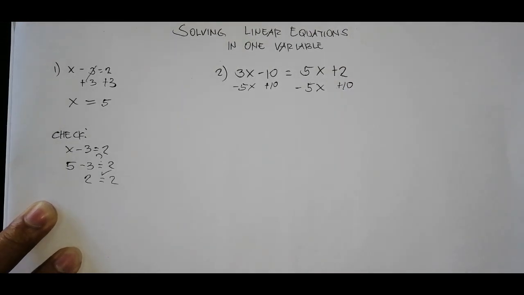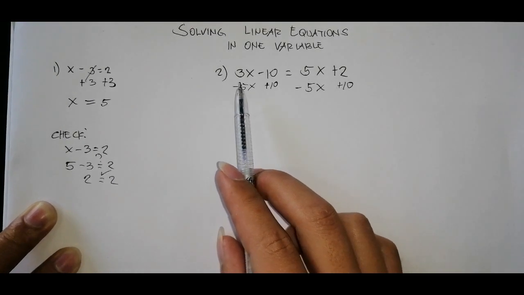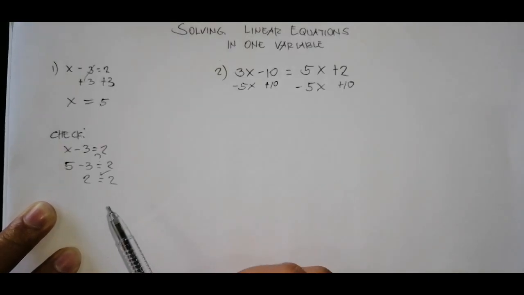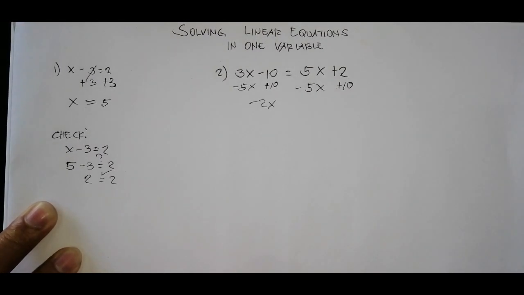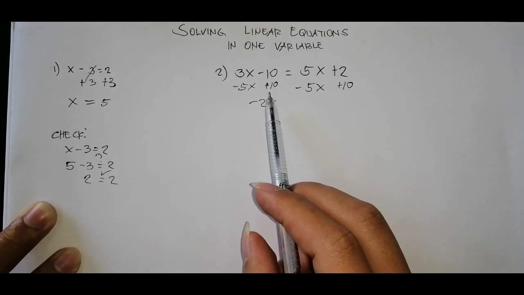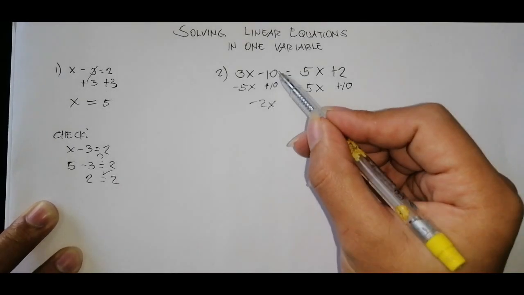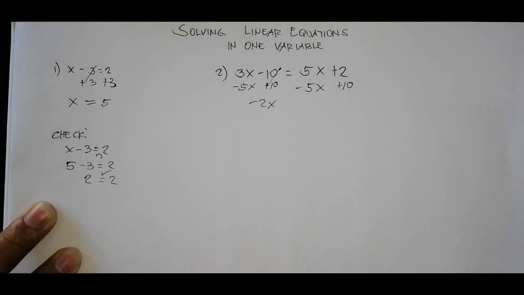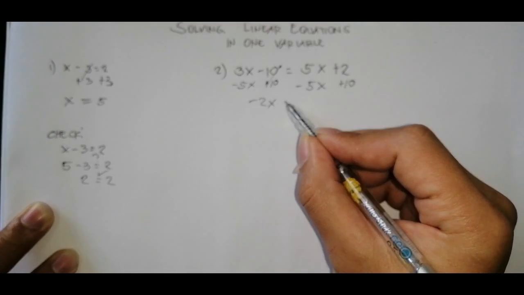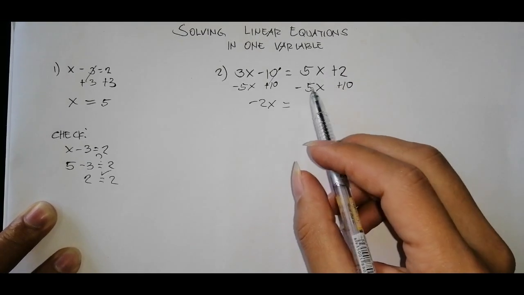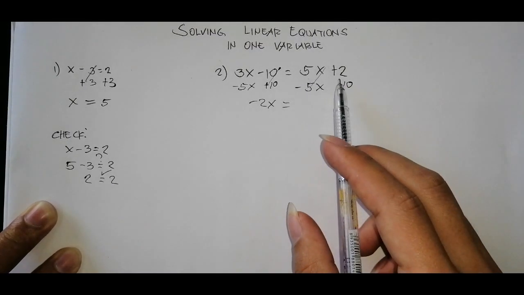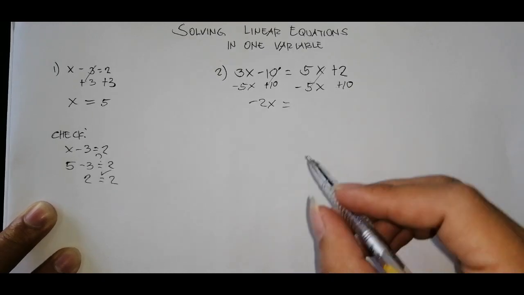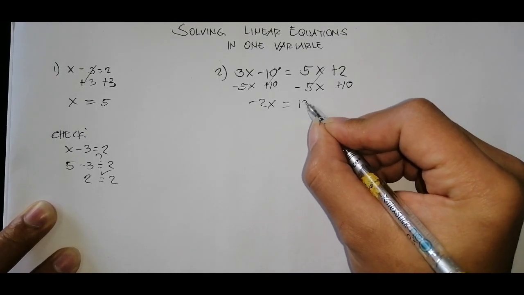Now what is 3x minus 5x? That would be negative 2x, right? And negative 10 plus 10 would be 0, and we don't need to write that one. Then on the right, 5x minus 5x would be 0 again, and 2 plus 10 would be 12.